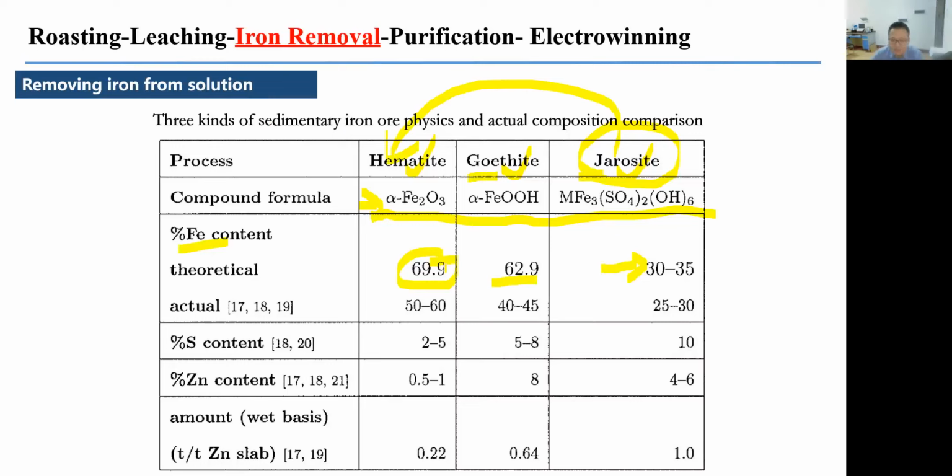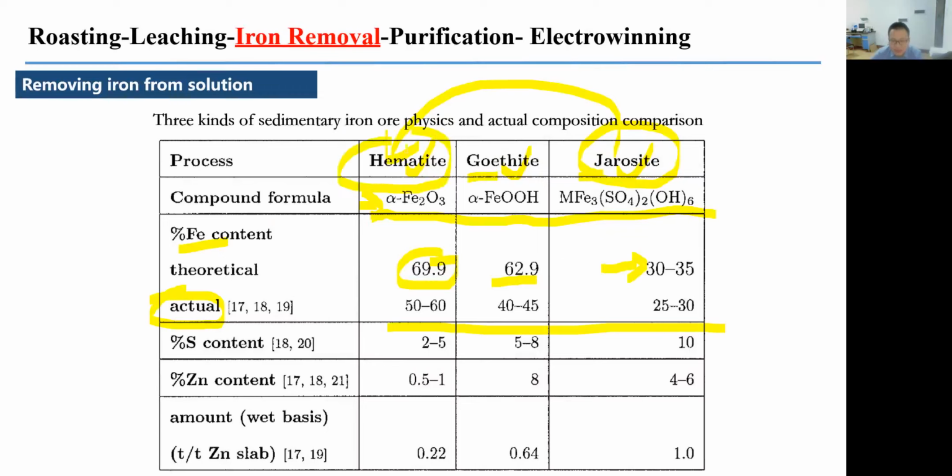Because of the complex formation system, the formation of hematite, goethite, or jarosite cannot give a single pure product. It's always a mixture of different iron minerals or iron precipitates. So the actual industrial samples have different iron contents, but follow a similar law.